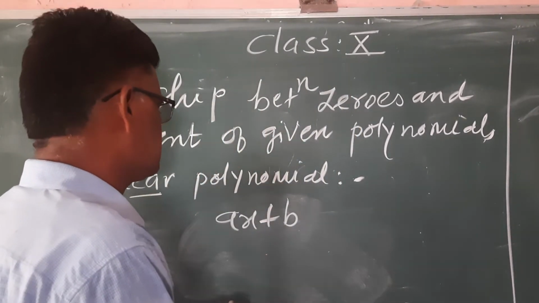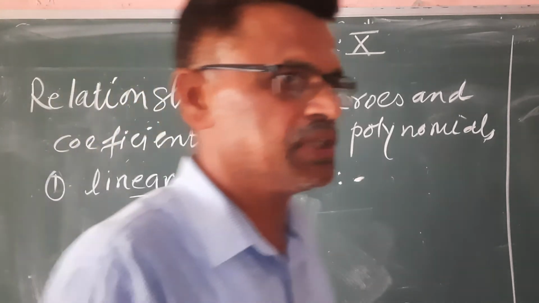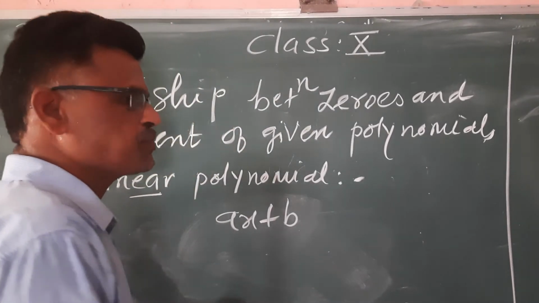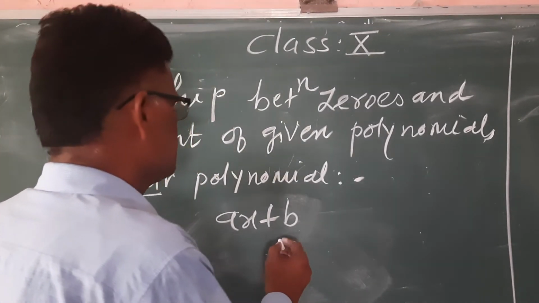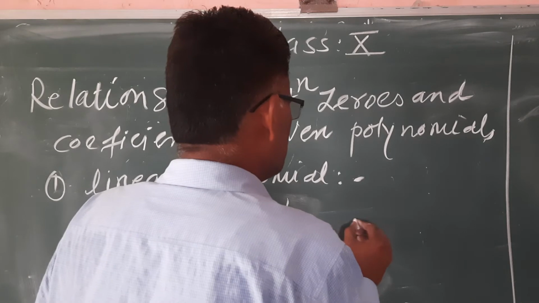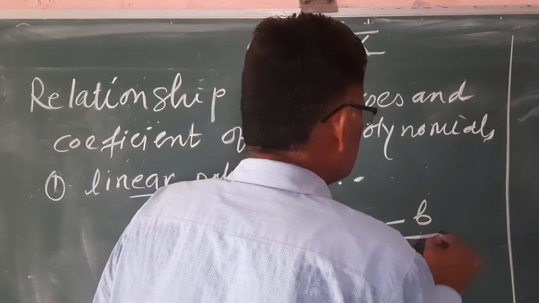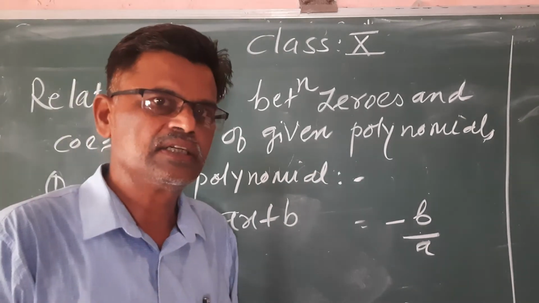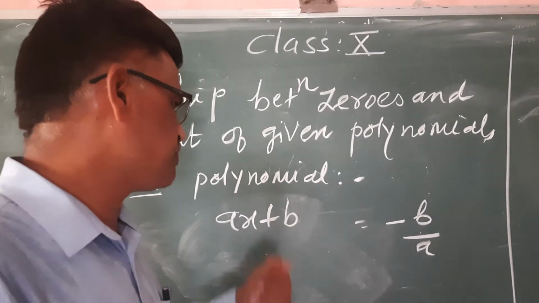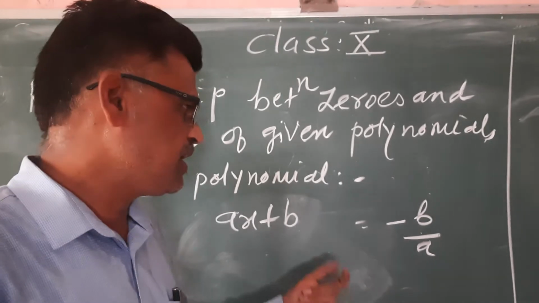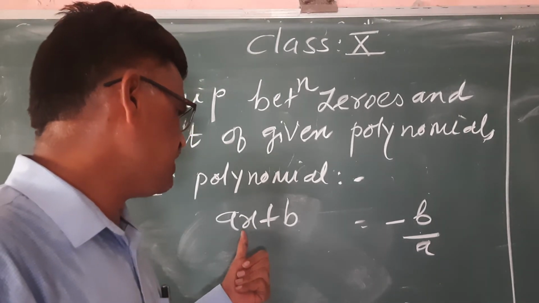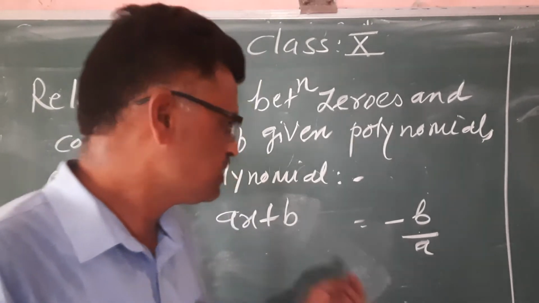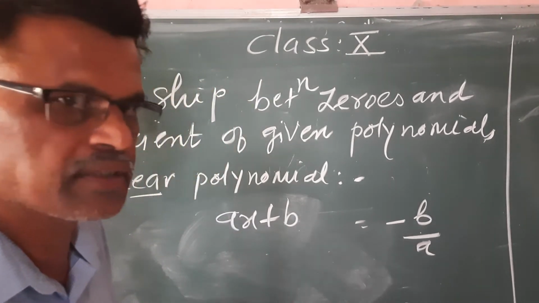The zero of the given polynomial is equal to minus b by a. What is b? b is the constant, and a is the coefficient of x, where a is not equal to 0.